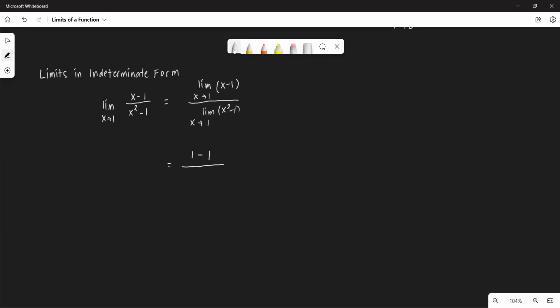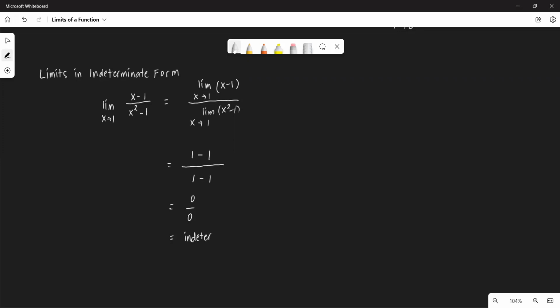And then for the denominator, we have the limit of x squared. So we get the limit of x as x approaches 1, then we square it. That's 1 squared, or just 1. And then minus the limit of 1 as x approaches 1, which is also 1. So we get 0 over 0. 0 over 0 means indeterminate.